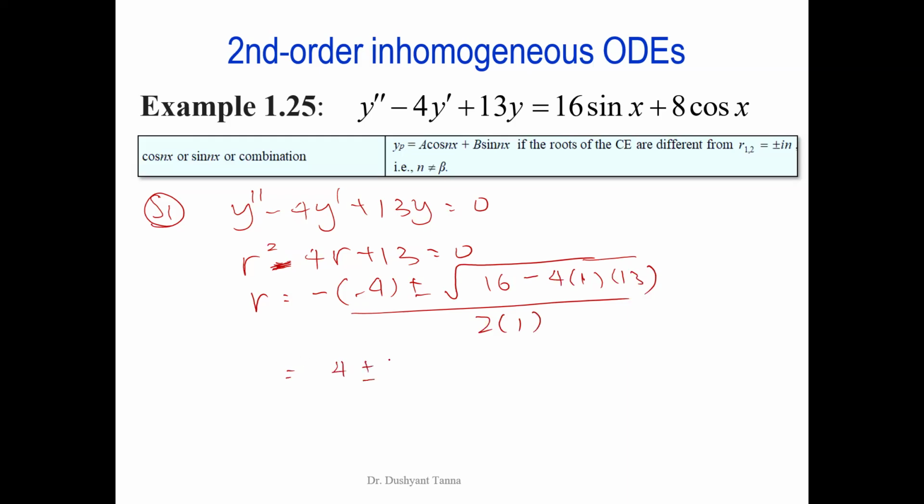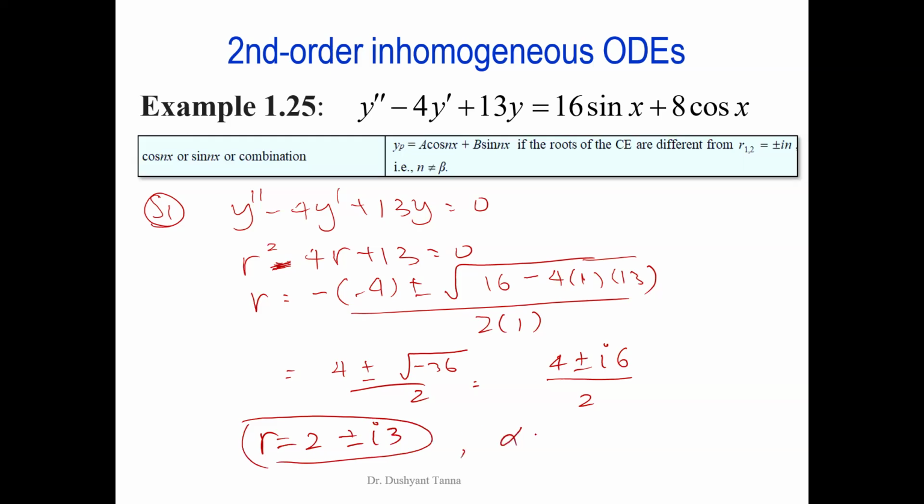So 4 plus or minus the square root of 16 minus 52, that's negative 36, over 2. So 4 plus or minus 6i, over 2, and that results in 2 plus or minus 3i. So if we compare, alpha is 2, beta is 3.